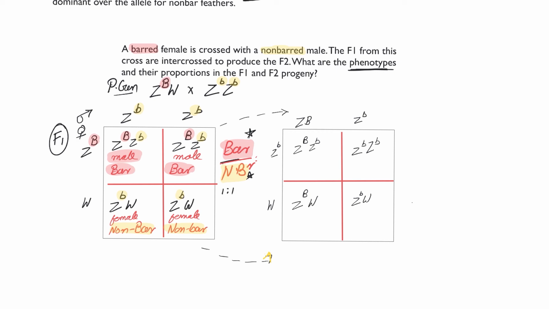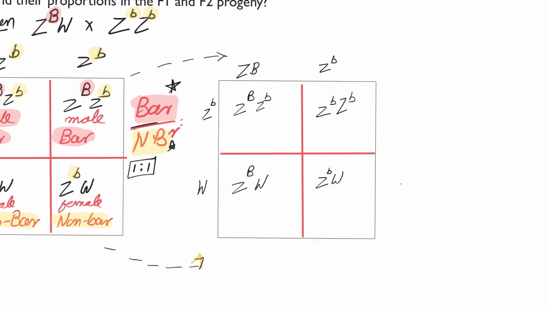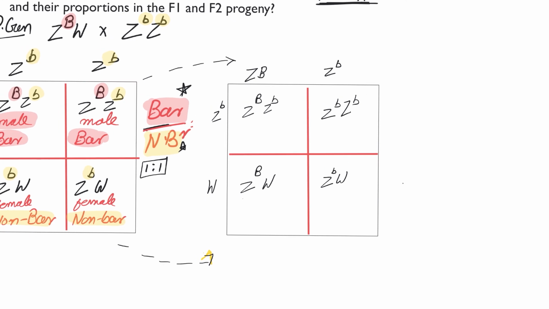So what are the phenotypes here? Let's try to find out. Again, remember female heterogamety, right? So this is a female, bar feathers, non-bar feathers. This is a male, bar feathers, non-bar feathers.